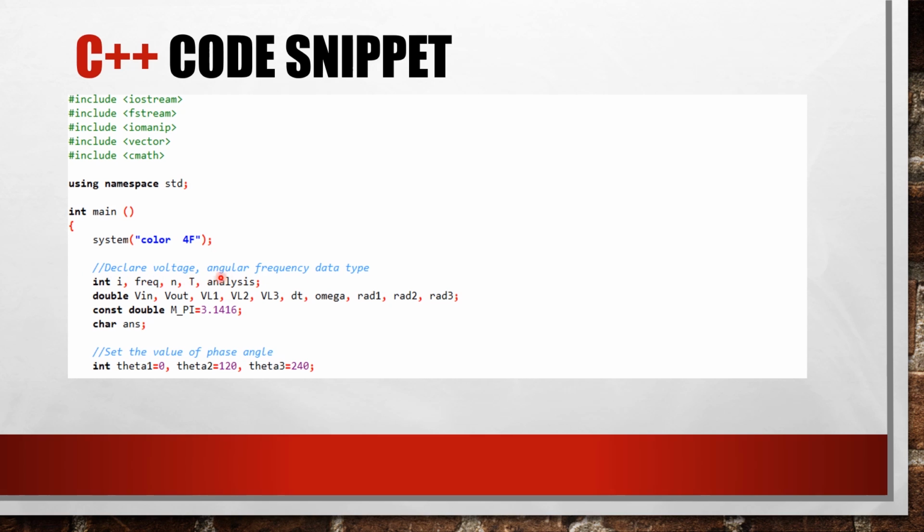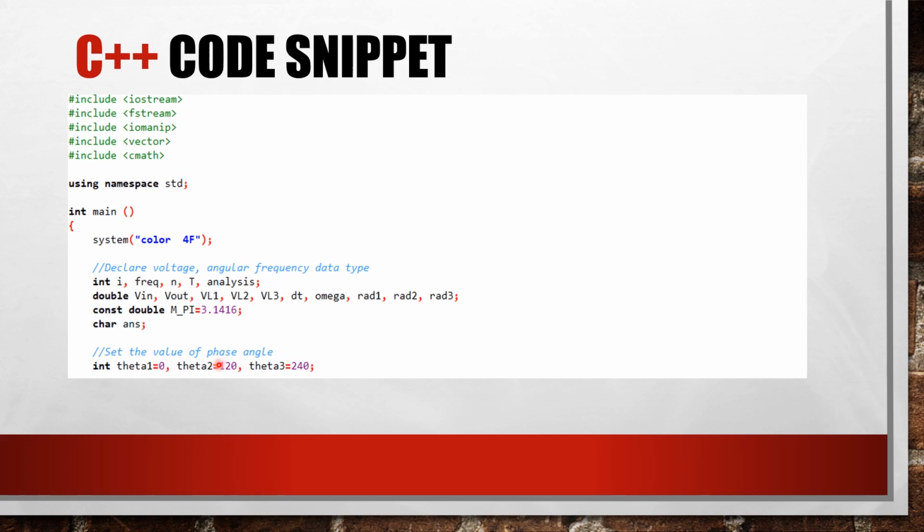First, declare voltage, angular frequency data type, and others, such as the pi value, which is 3.1416, and other things like i, frequency, and T, analysis. That's all.